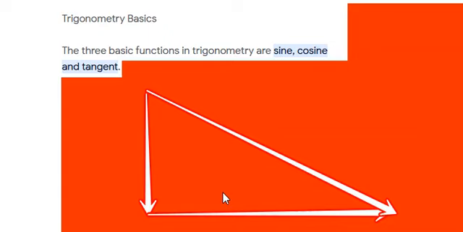But before we learn this formula, let's understand that the 3 basic functions in trigonometry are sine, cosine, and tangent. Here we have a right angle triangle.